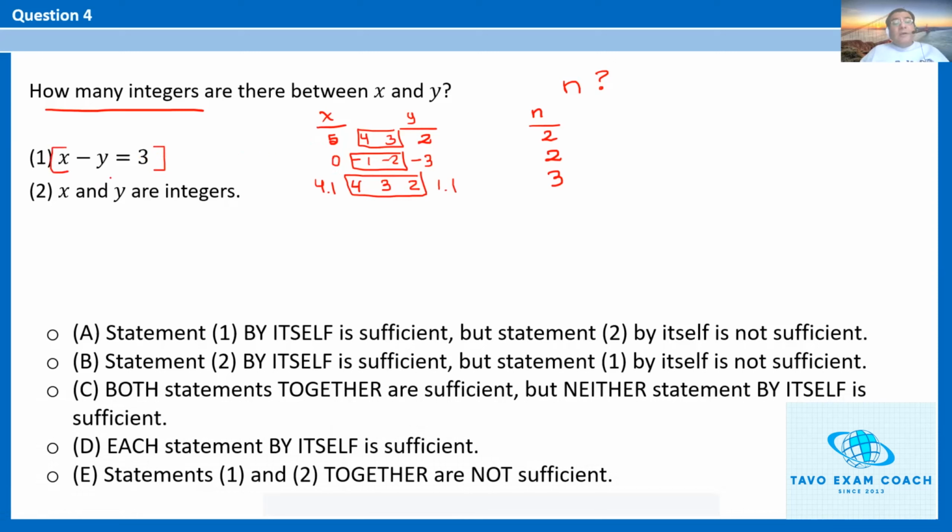In all cases, we have only tried numbers whose difference is actually 3, but we have obtained 2 different answers. So statement 1 alone cannot be sufficient.